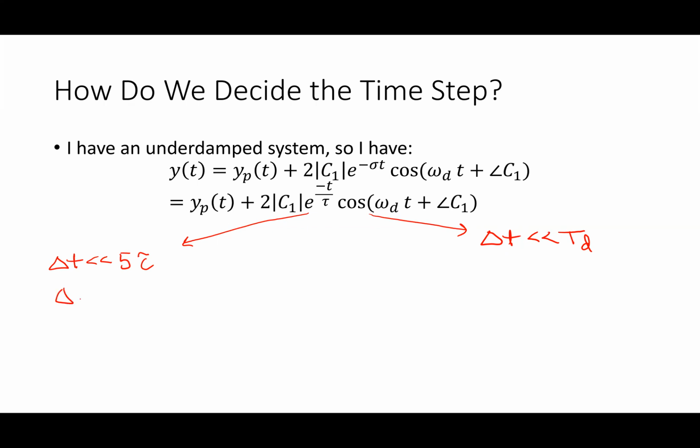My delta t needs to be much, much less than 5 times 0.5, or 2.5 seconds, so much, much less than 2.5 divided by 100. Or I need my delta t to be much, much less than 0.6413.